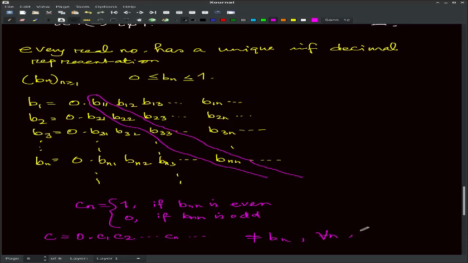Why? If you said it was countable, each one of these real numbers can be written as a countable sequence like this, in Bn's, but I can produce this C then. So that was his argument.